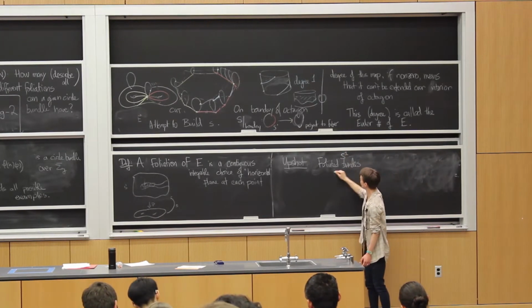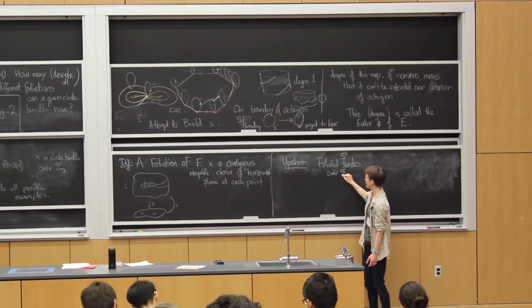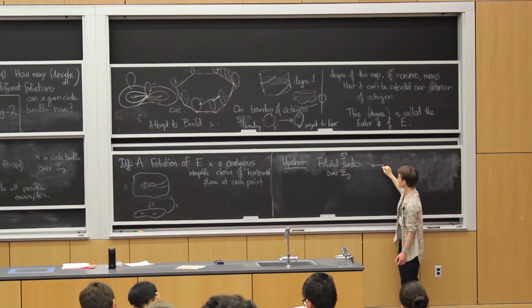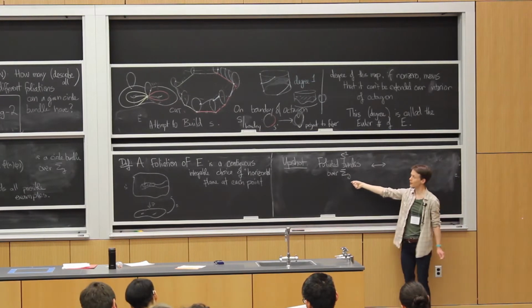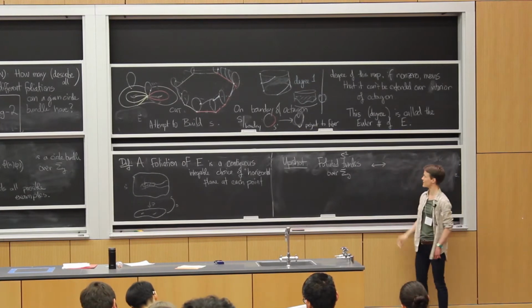Foliated circle bundles over a surface. Okay. These are in bijective correspondence with the set of homomorphisms of your fundamental group to the group of homeomorphisms of the circle.